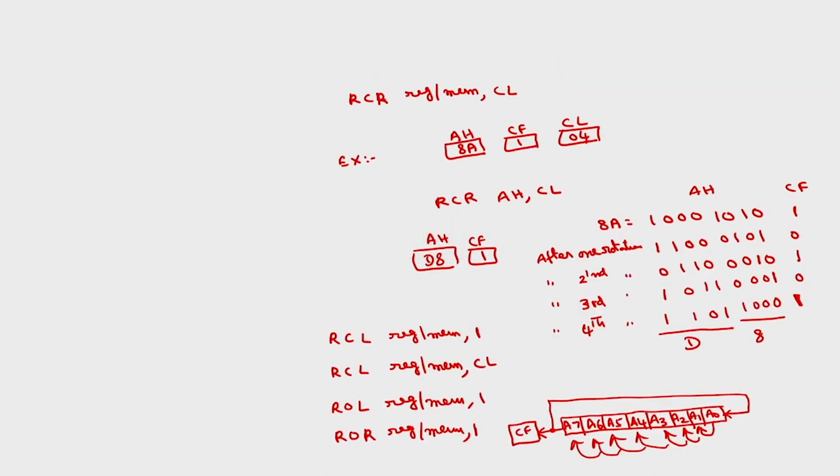We have multiple rotations similar to this, we can write CL. So, for multiple bit rotation of contents of register or memory, we can write ROL register slash memory comma CL, this is without carry, ROR register slash memory comma CL.